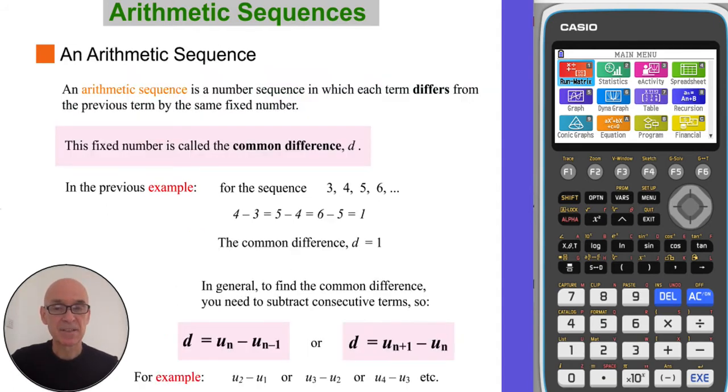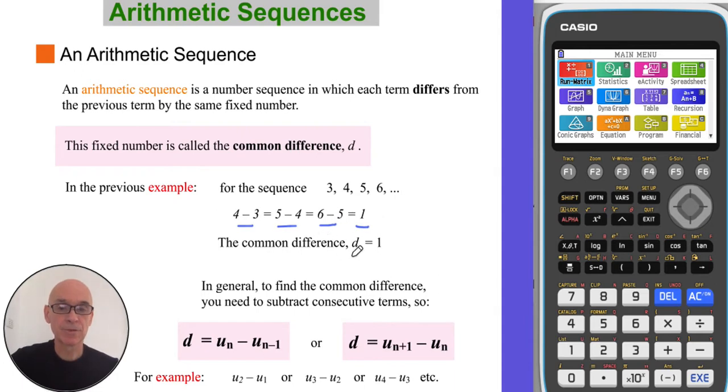An arithmetic sequence is a sequence in which each term differs from the previous term by the same fixed number. This fixed number is called the common difference and is given the symbol d. In this example, each term differs from the previous term by 1.